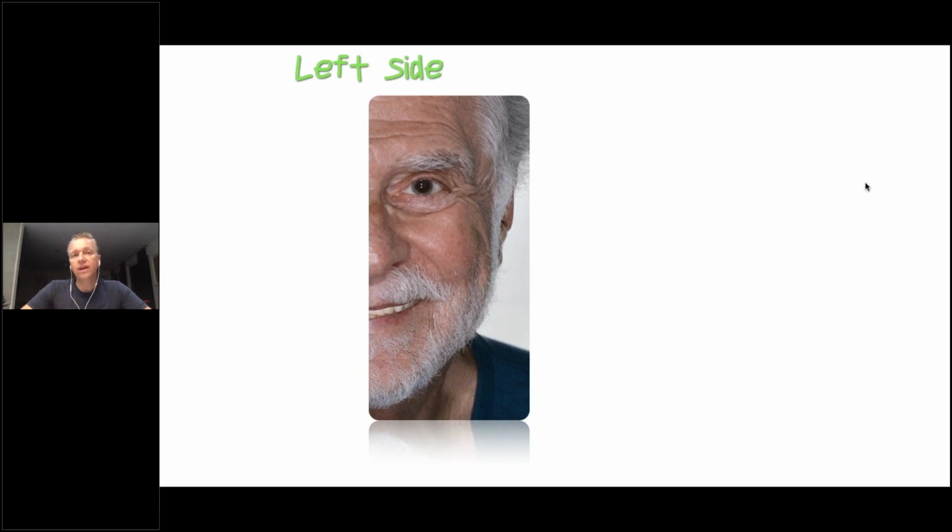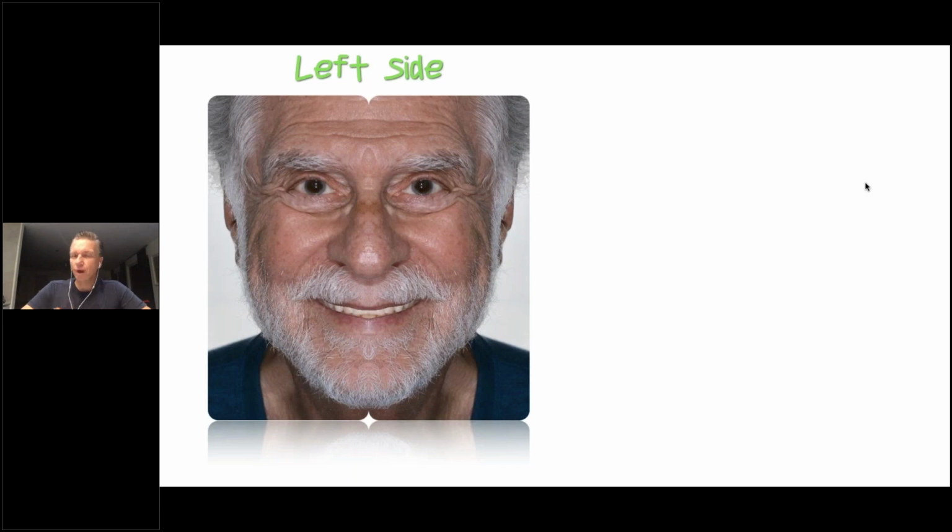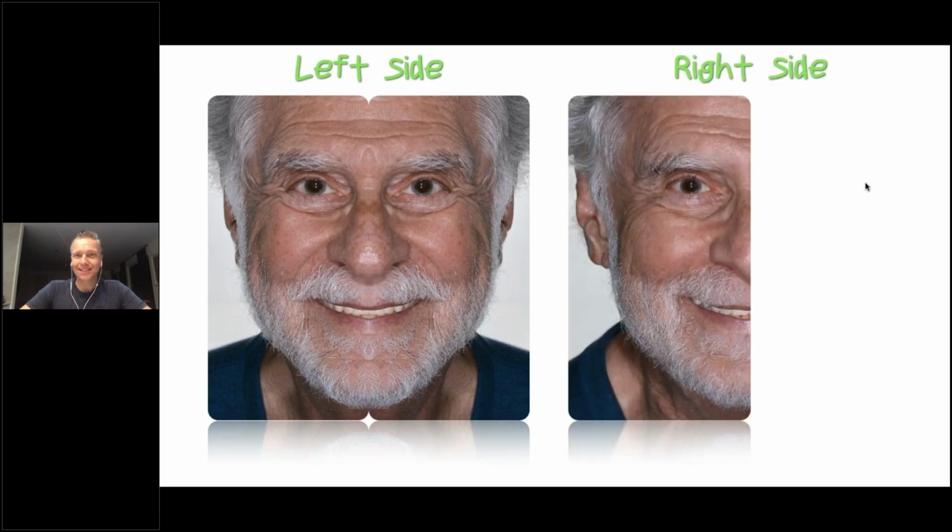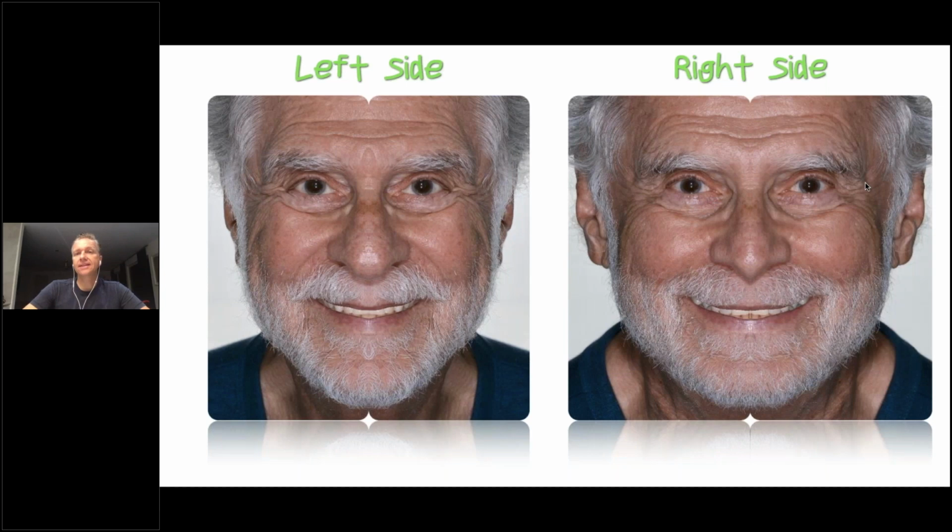So if we now look at this patient, the left side, and I just mirror that left side and put it back, now we have two left sides together. It looks pretty normal still, but when we do the same thing with the right side, and I put the other right side on, I see almost a different patient. Why? Because the patient's right side is much more dominant than the patient's left side.